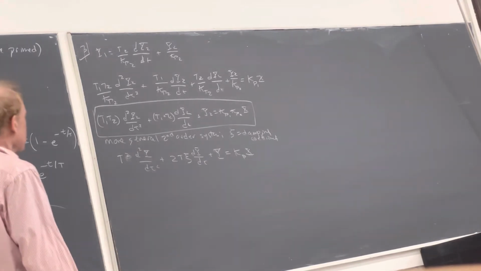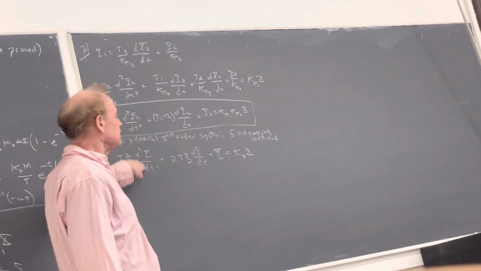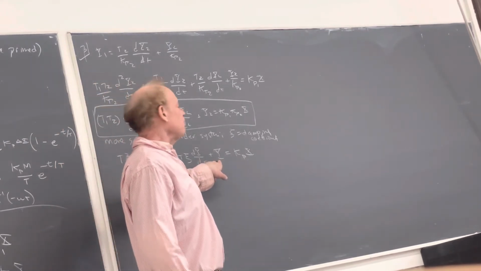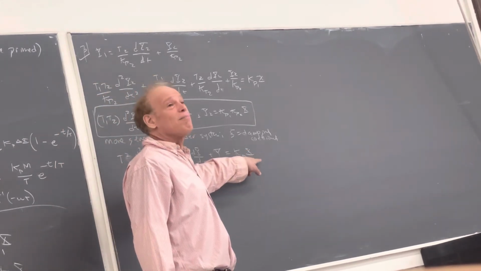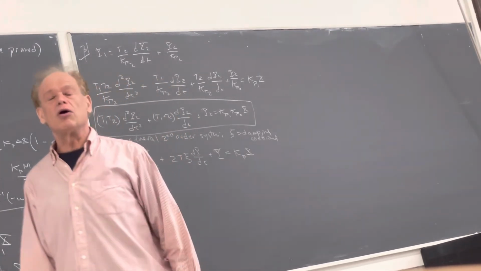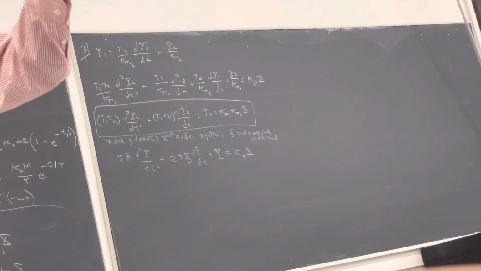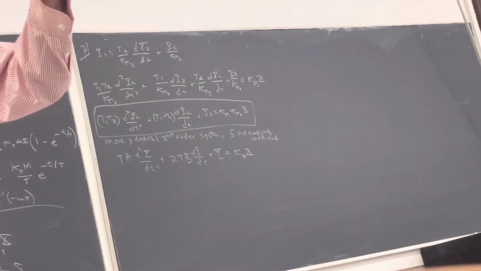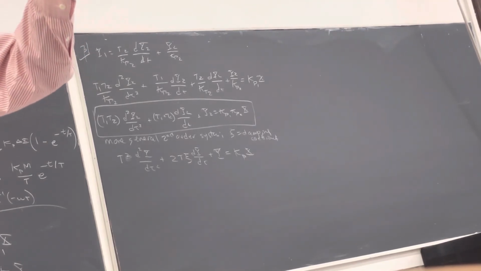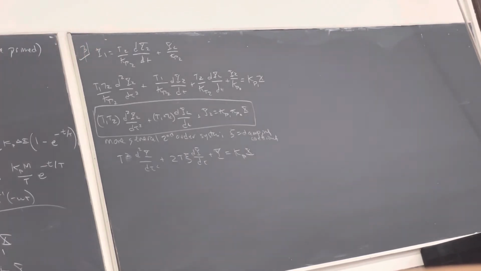If you recall from freshman physics, if you include friction, then I also have a negative force opposing the motion, minus a friction coefficient times the velocity. The velocity is the first derivative.